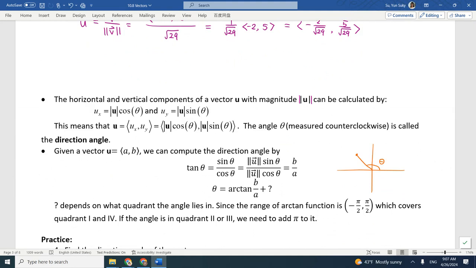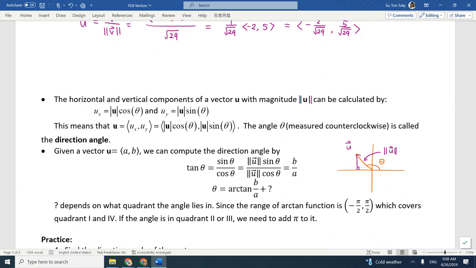When we draw the picture, let's say this is the vector u, and then can you see we can draw a line down there? We get a right triangle. This side is the hypotenuse, which is the magnitude of u.